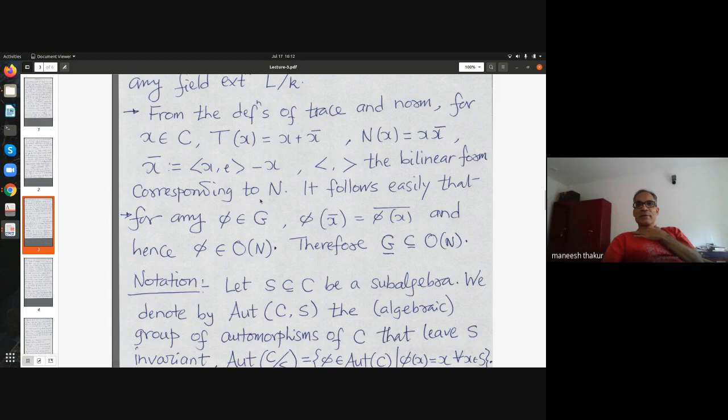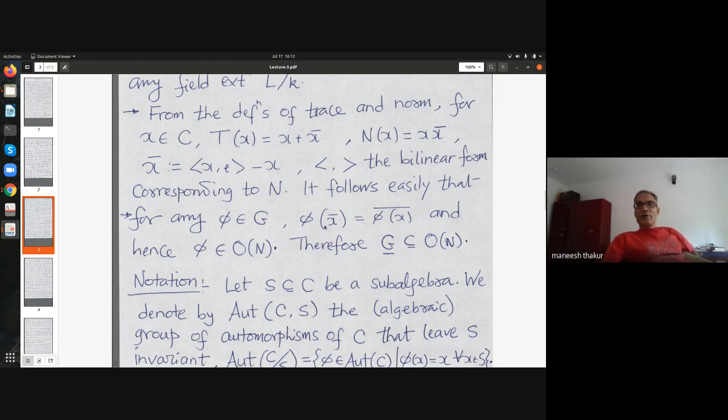You look at trace 0 elements. Suppose the trace of x is 0, which means x bar becomes minus x. Then phi of minus x is, of course, minus phi of x, and phi fixes the identity element. So it maps trace 0 elements to trace 0 elements.